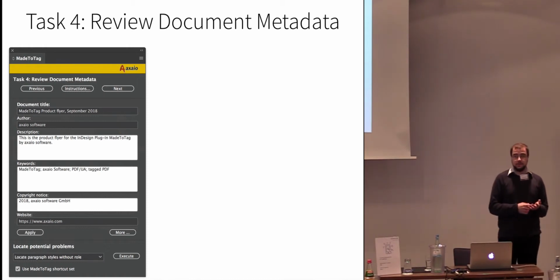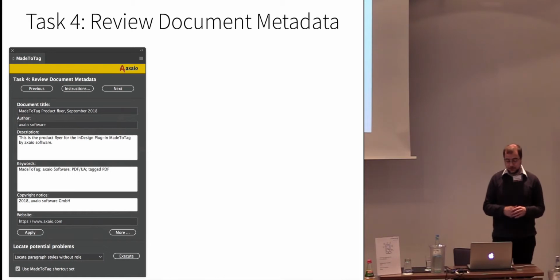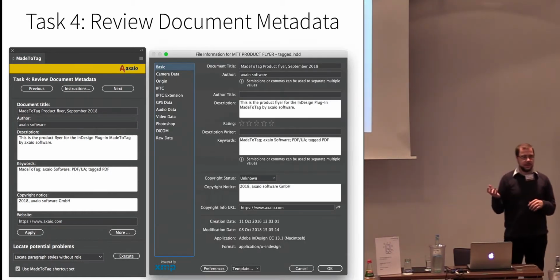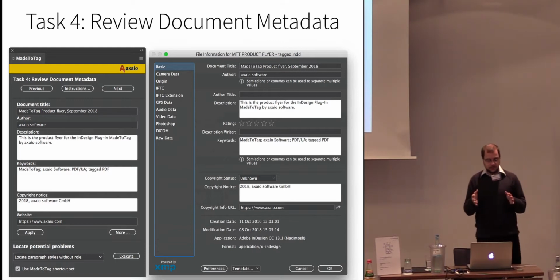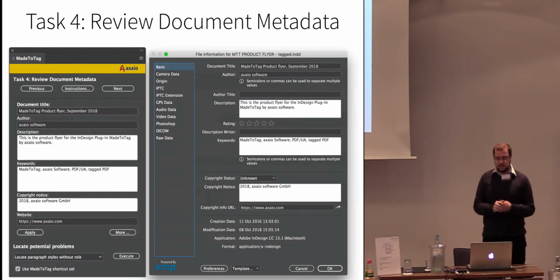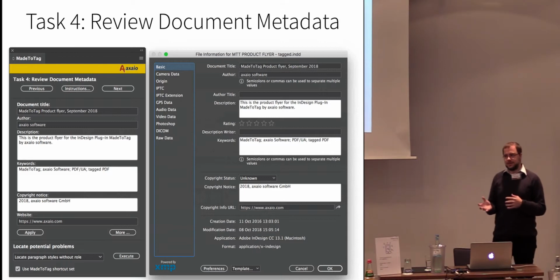The fourth task is reviewing document metadata, which is actually only a copy of the InDesign dialog, but PDF UA requires you to have a document title, and if you're working with templates or copying documents from other sources, you may not have the correct title.